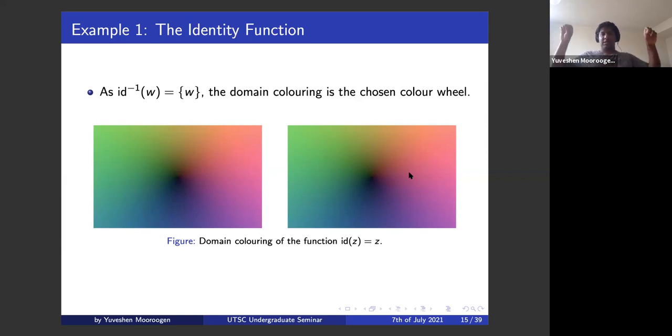So I take a point in the codomain, it has some shade and some hue. I look at its pre-image in the domain, and I give that point, which is just W itself, if you want, the same shade and the same hue. If I just keep doing that to each point, then I end up copying the shaded color wheel back to my domain. So the domain coloring of the function that takes Z to Z is just the shaded color wheel.